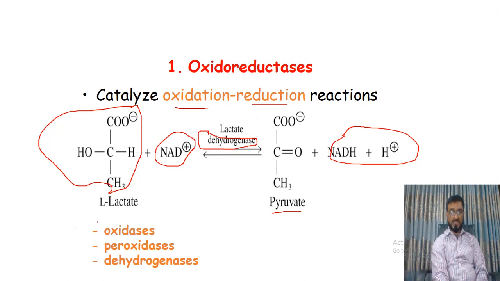This is the main class, oxidoreductase. Some other subclasses are oxidases, peroxidases, dehydrogenases. Look at the example of the dehydrogenase, it's the subclass.